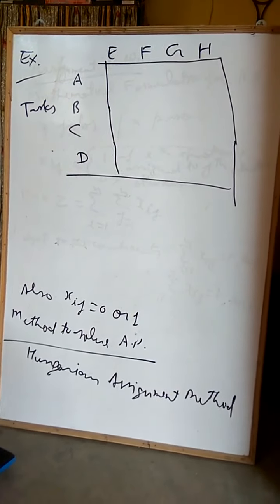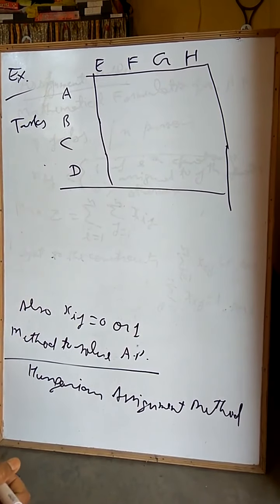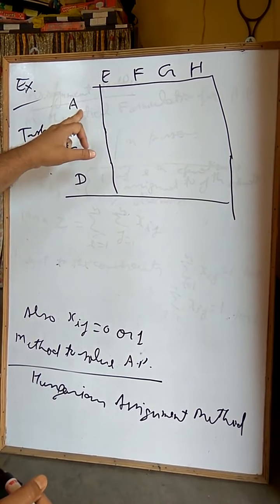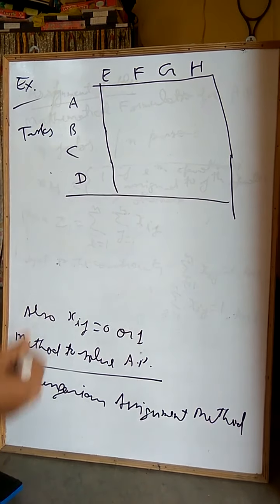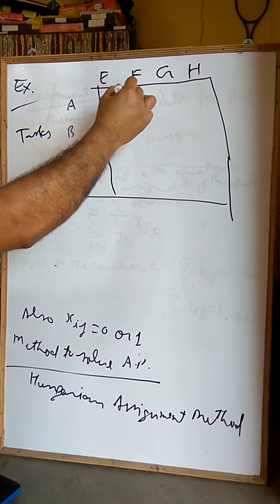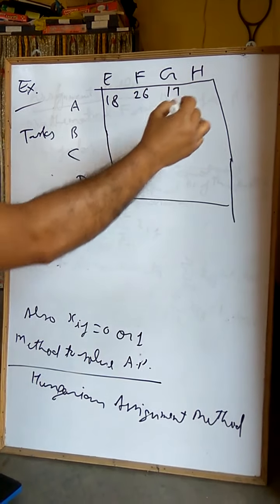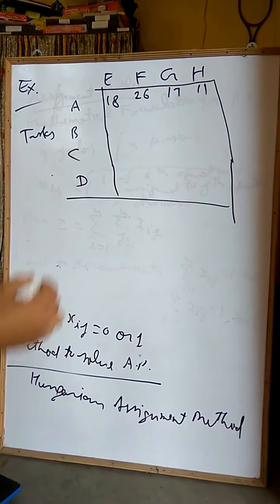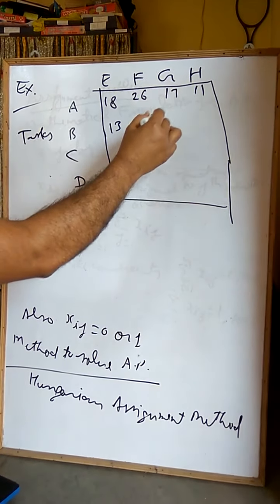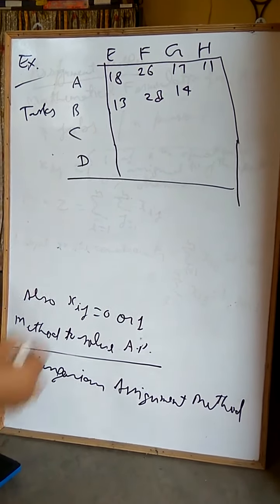So, as he understood about the difficulty and the performance of each subordinate, he made the following table where the man hours are given. If task A is performed by E, he takes 18 hours. For the same job, F takes 26 hours, G 17, H 11. Similarly, for B 13, 28, 14, 26.